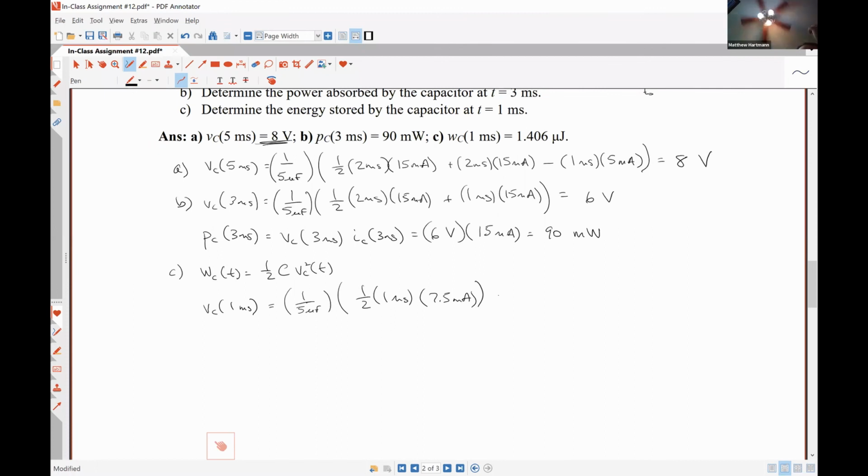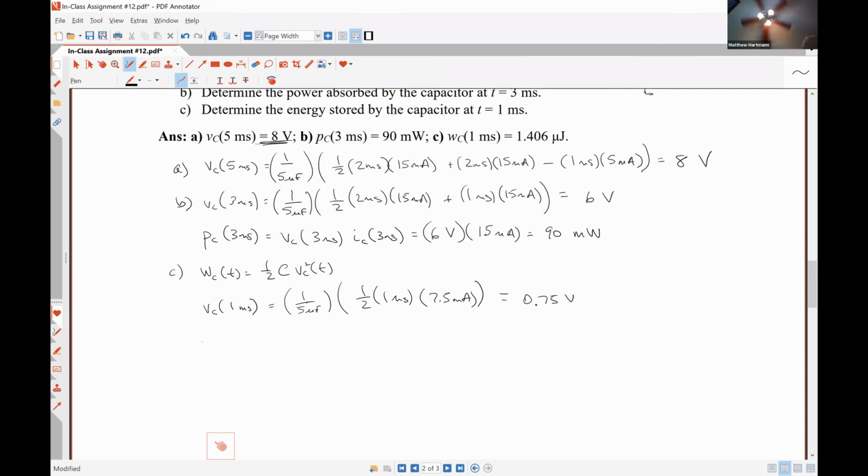So this voltage is 5 times 17.5 times 10 to the minus 6, 0.75 volts by my calculation.